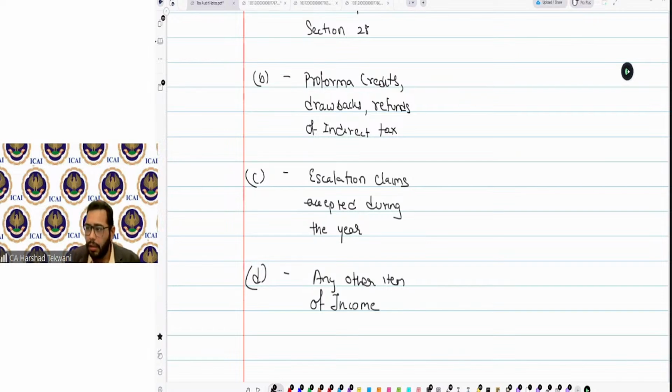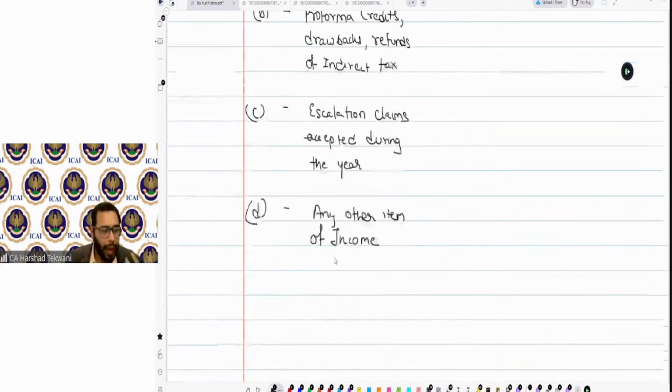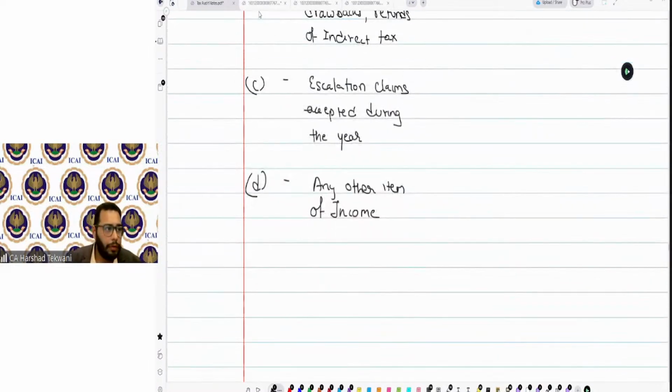Here, the term income is required to be understood with respect to the Income Tax Act. And E is capital receipt, if any.